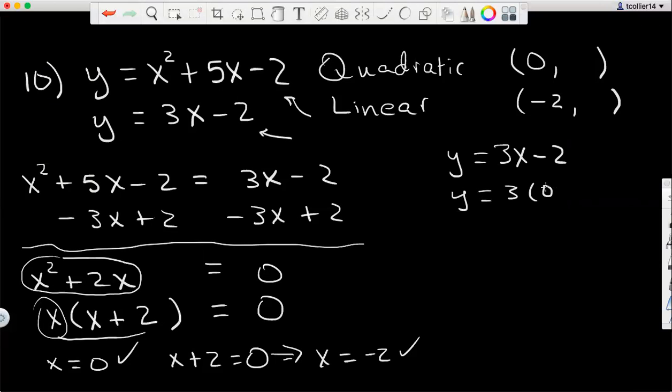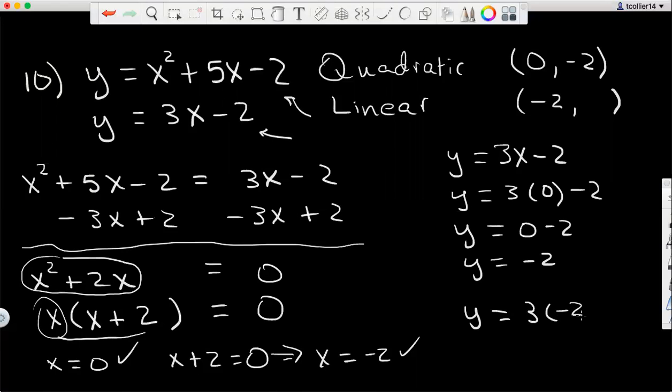I get 3 times 0 minus 2, which is 0 minus 2, which is negative 2. So I'm going to put the negative 2 next to 0 inside the ordered pair. The next one is going to be plugging in negative 2. So I'm going to get 3 times negative 2 minus 2. I get negative 6 minus 2, which is negative 8.